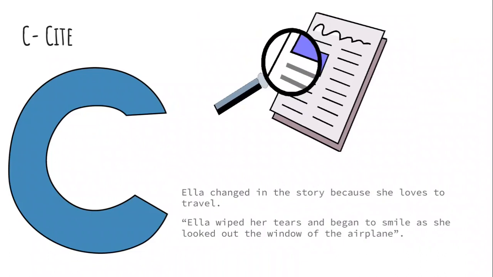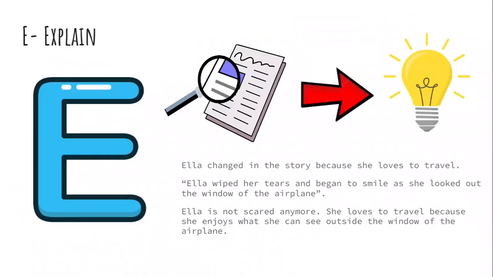Then we give evidence for our answer. Which sentence gave you this answer? Which sentence shows your answer? Just copy it down. Finally, we explain. E for explain. Tell how your text evidence, the one you just gave, shows your answer. Why did you use this text evidence? You have to tell me why.